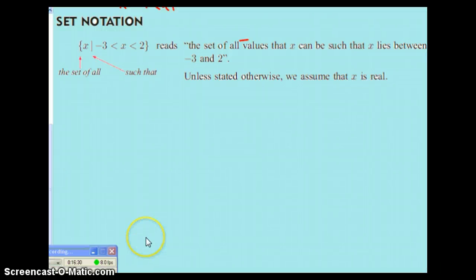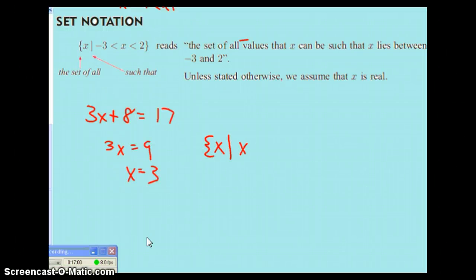So for example, when will I be asked to do this? If I give you 3x plus 8 equals 17, and they ask you to solve. So you go through the process of solving, you get 3x equals 9, x equals 3. You would write, instead of just x equals 3, you should write x such that x is equal to 3.